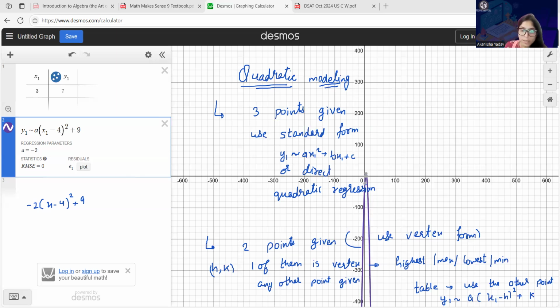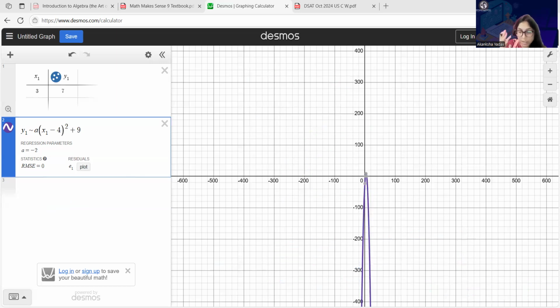And the third type of modeling that we do, there are only 3 types of modeling that are most commonly asked. That is your linear, quadratic, and exponential. So in an exponential, again, it's a times b to the power x. Sometimes, in very rare cases, it is a times b to the power x plus k, or something will be given in the question.